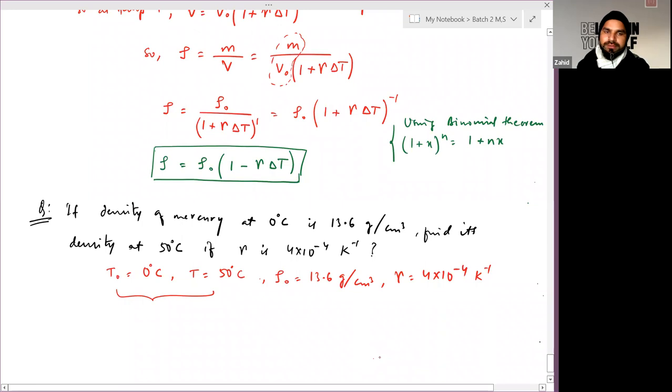Samira, just check your calculation. There is 1 minus gamma delta T.